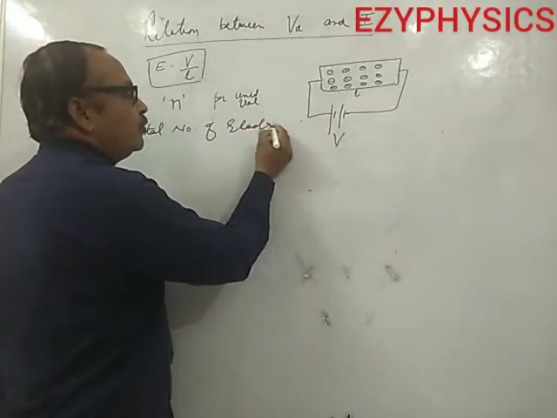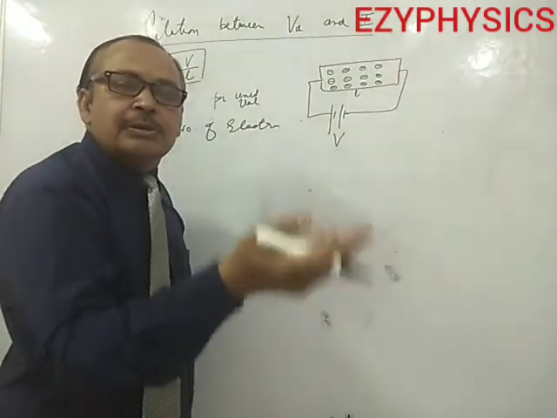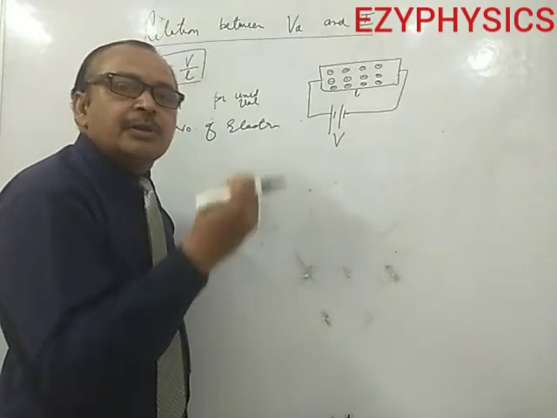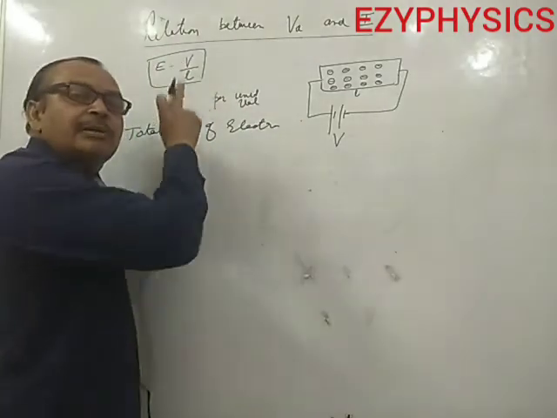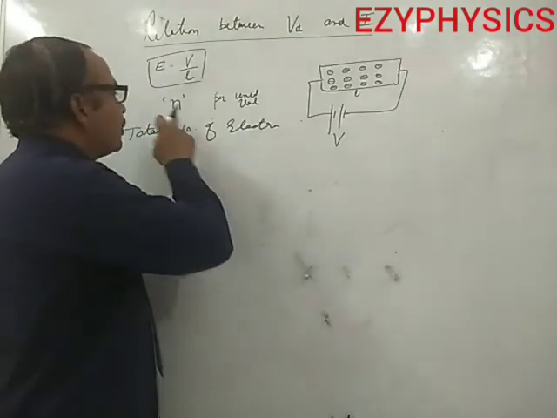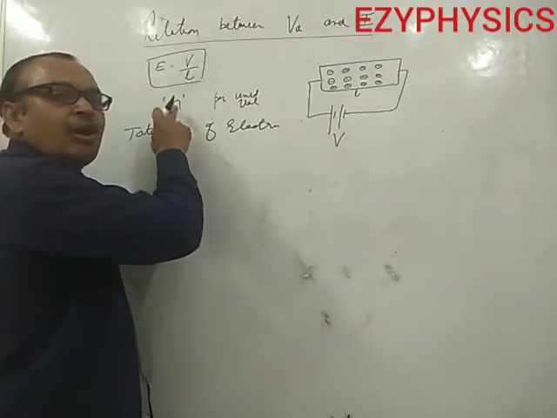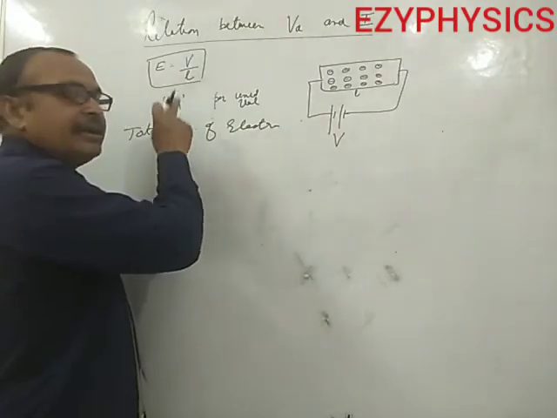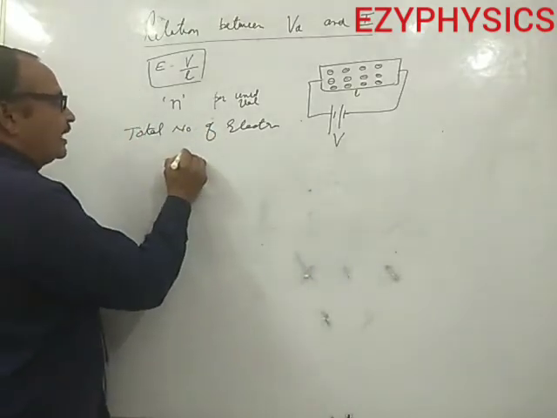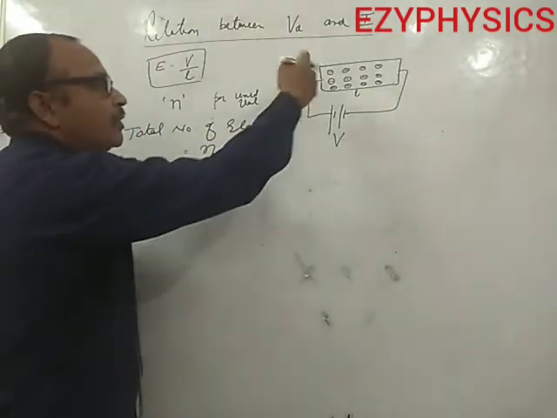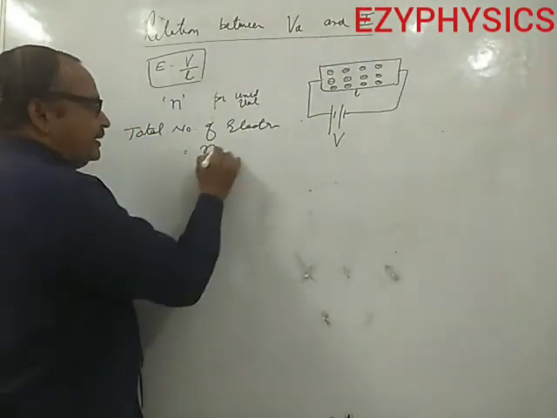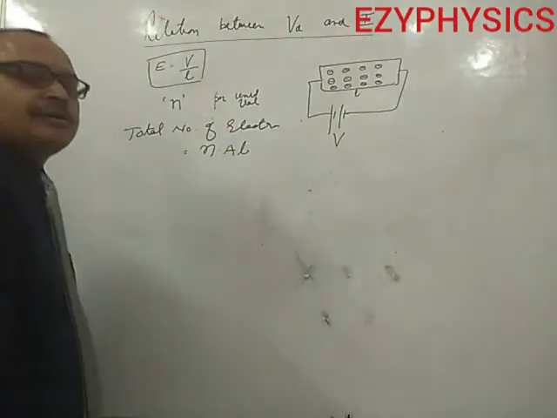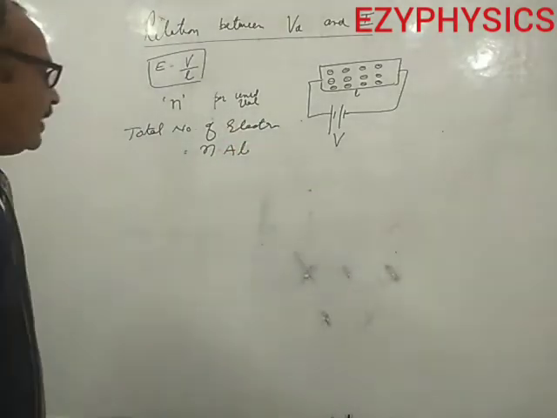It is N multiplied by the volume, because N is the number of electrons per unit volume. So total electrons will be N into volume, and the volume of the conductor is the cross-sectional area into the length. This is your number of electrons.